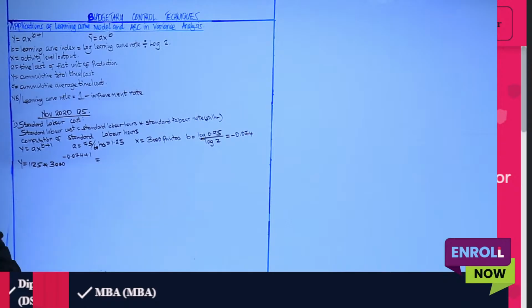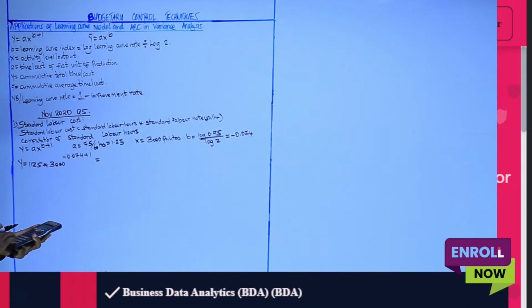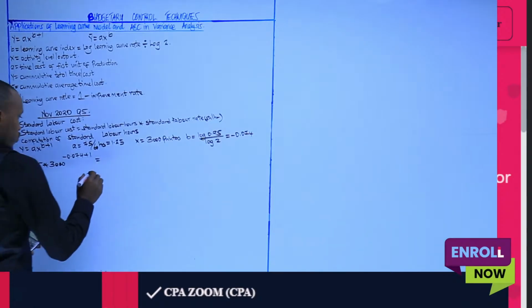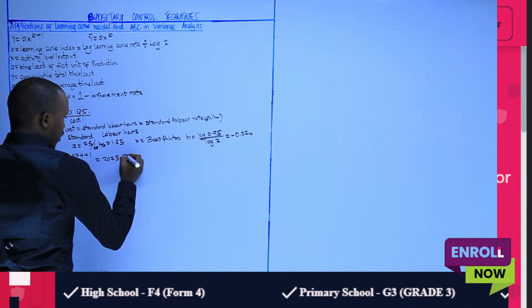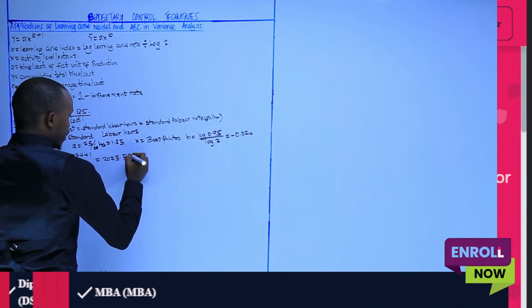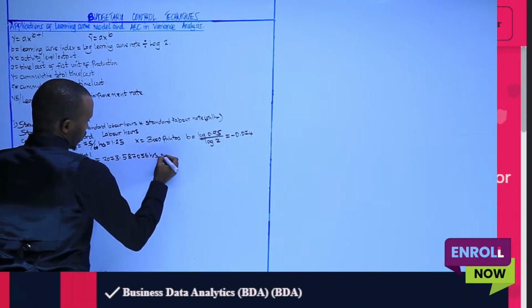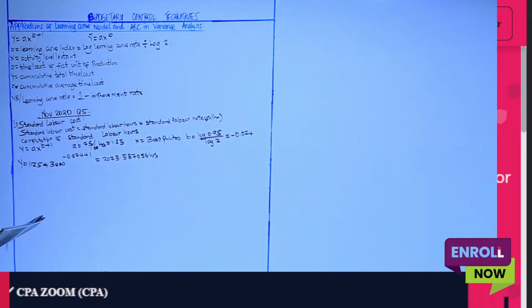So therefore, your total labor hours that will be used to produce the 3,000 units, keeping in mind that you have a learning curve of 95%, is that you will use 2073 hours.